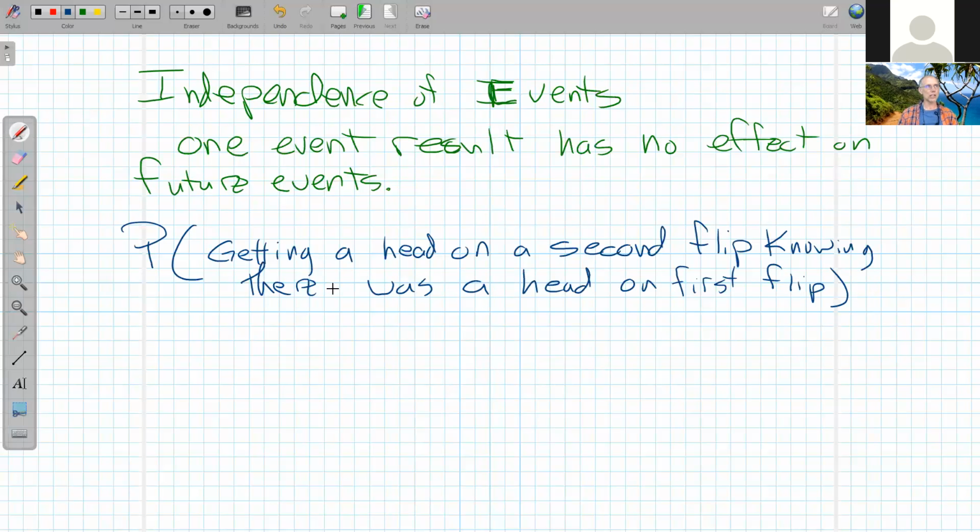So does the knowledge of seeing the coin flip and knowing it was a head affect what happens when you flip it again? Any coin I flip was probably flipped in the past. Did that past of the coin have any effect on what happens when I do it presently? Right? So this is what's called a conditional probability.